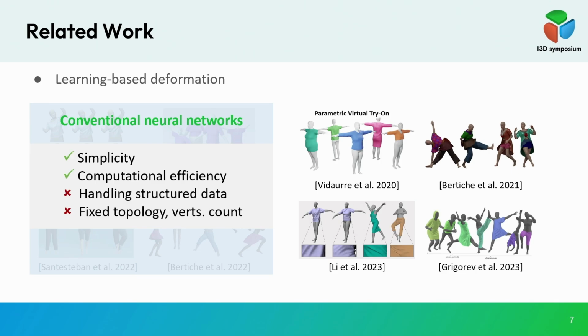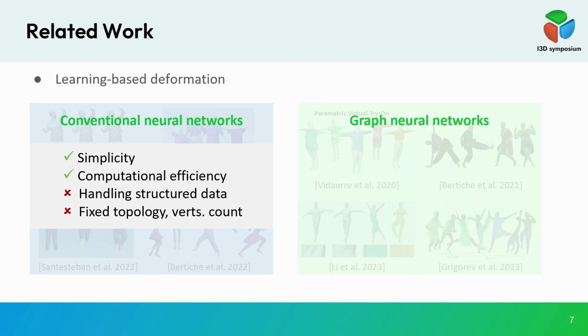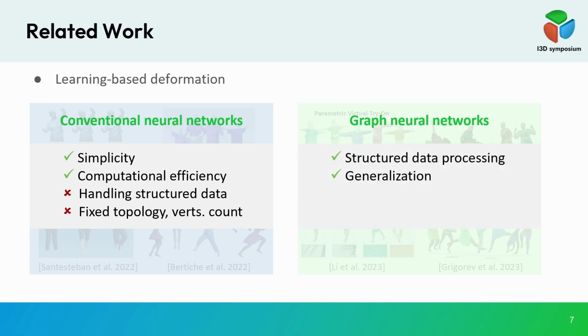However, they require data to be transformed into flattened vectors, a process that often results in the loss of relational structures within the data. As a result, these methods cannot handle meshes that have arbitrary topology or varying numbers of vertices. With the widespread use of graph learning, graph neural networks are now being applied to mesh deformations.